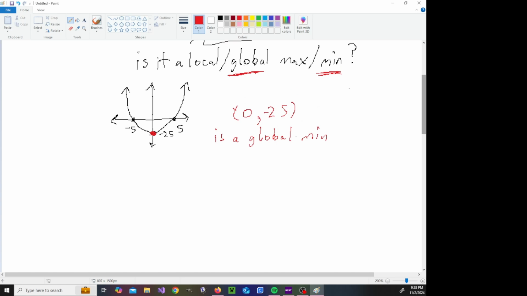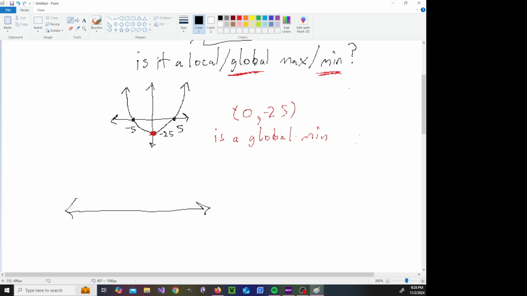Well, the next catch here is that technically speaking, a function can have a global value at multiple x values. That feels weird, but let's look at this example.